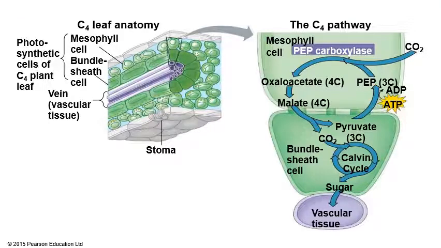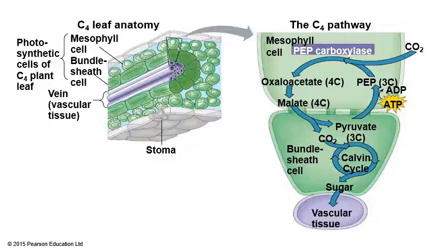So inside the C4 plant leaf, in the mesophyll cell, with the PEP carboxylase enzyme, CO2 gets fixed into oxaloacetic acid, C4, and sometimes it can convert into malic acid, C4.